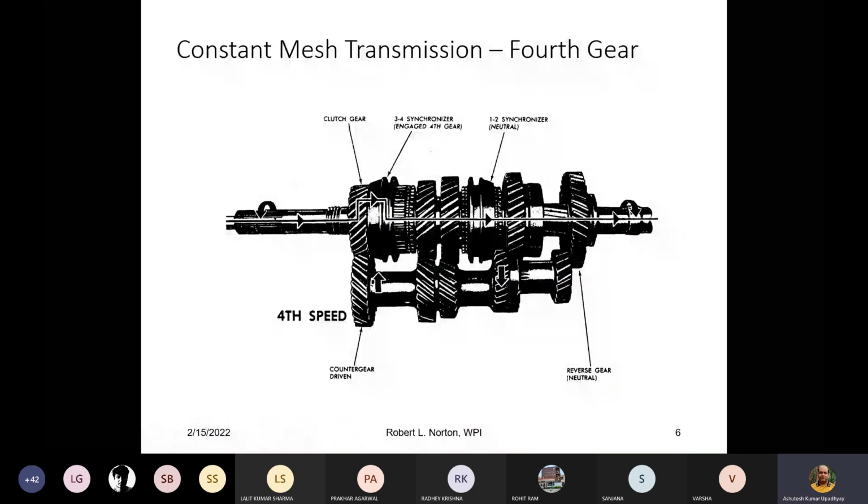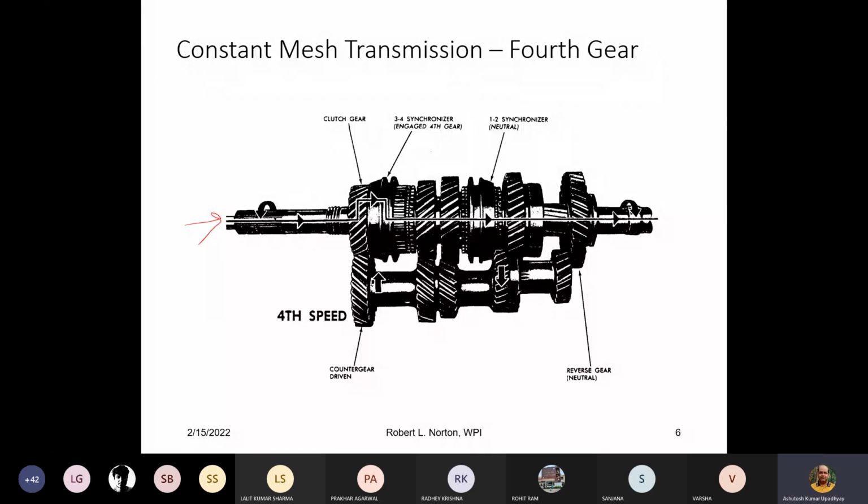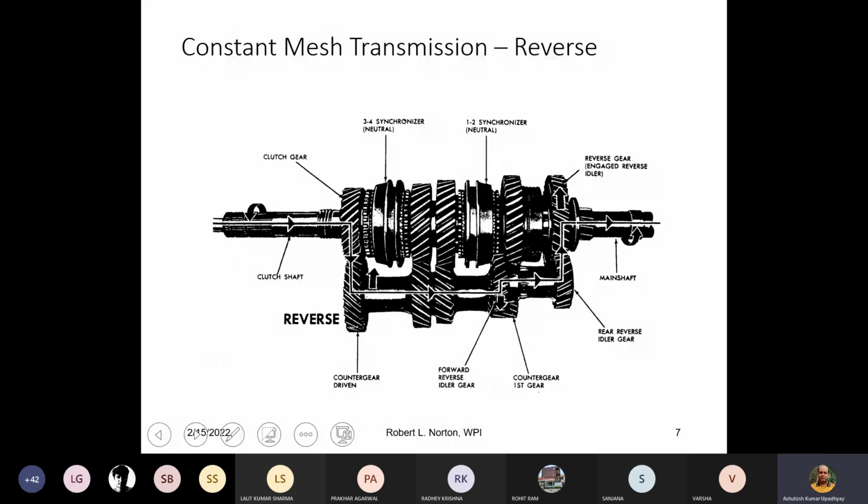This is the fourth speed. It is shown here, if you see. It is going through in a straight line, directly from input to output. So this is the actual manual transmission which is used in our vehicles nowadays. Now this is the reverse gear. The idler is connected, so this will cause the reversing of the rotation.